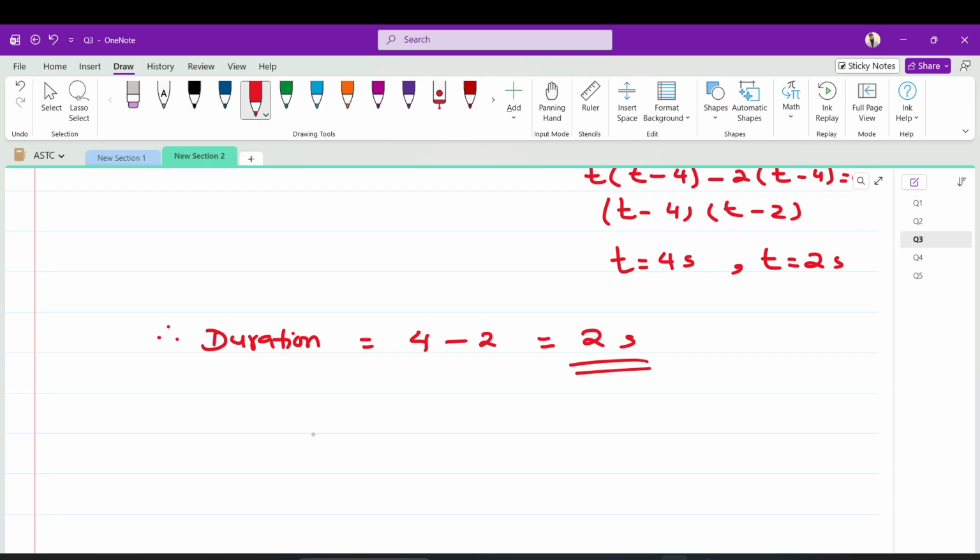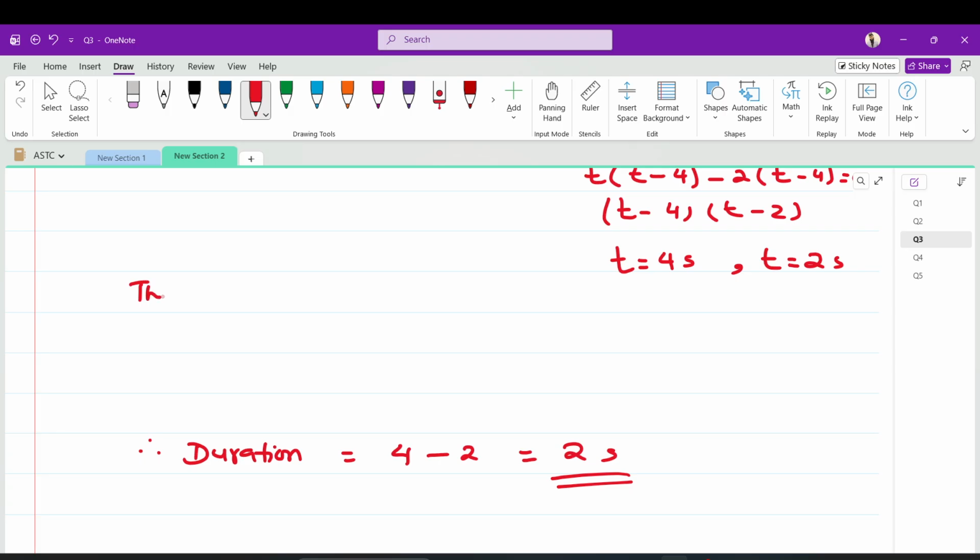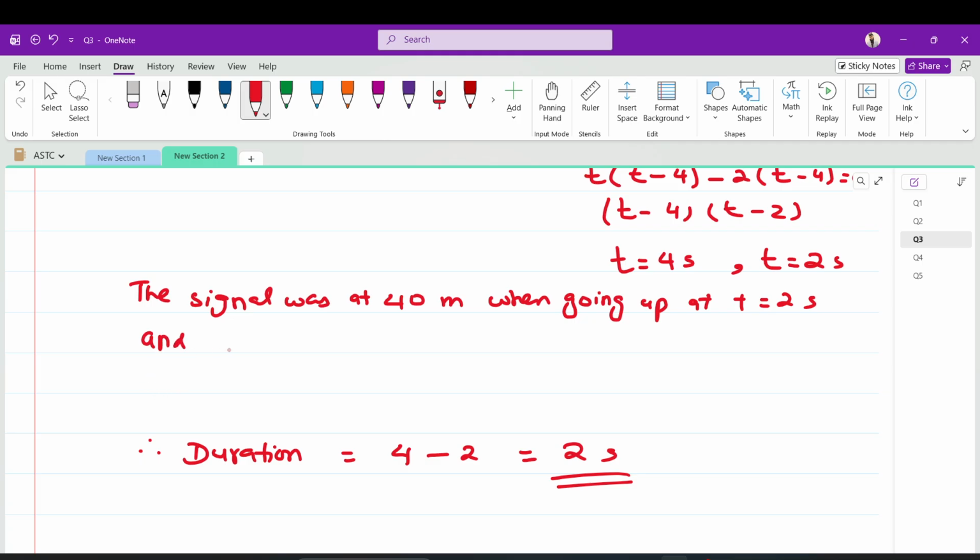Okay, so we can write this over here. Just before I write this down, we can say that the signal was at 40 meters when going up at t equals 2 seconds, and when coming down at t equals 4 seconds.